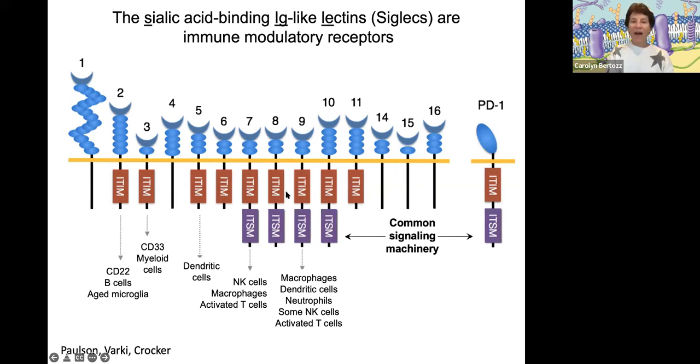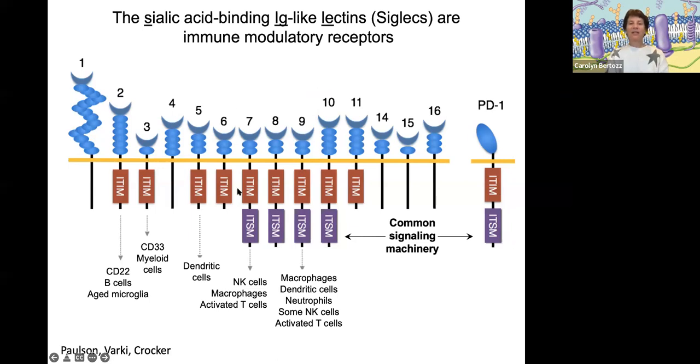So members of this family with the ITIM and ITIM-ITSM motifs are able to recruit SHP phosphatases to the synapse and deliver an inhibitory signal to the immune cells that they populate. But unlike PD-1, which is quite restricted to the T cell, the SIGLEC family of receptors are distributed across virtually every immune cell type in the body, both adaptive immune cells like B cells and T cells, as well as innate immune cells like macrophages, NK cells, neutrophils.